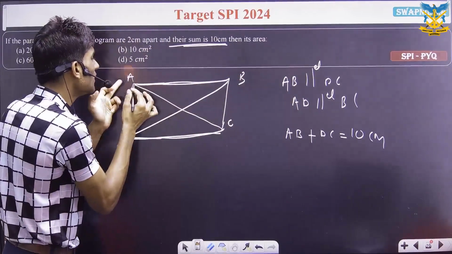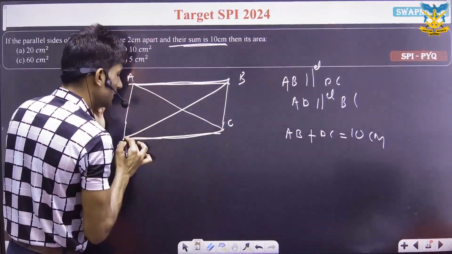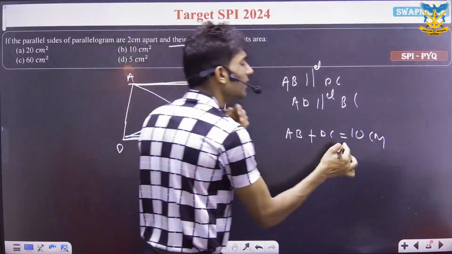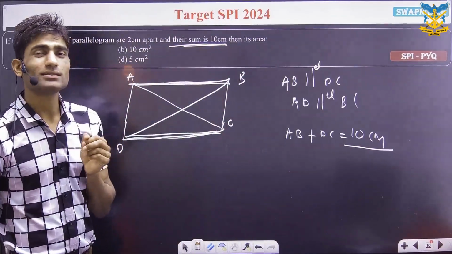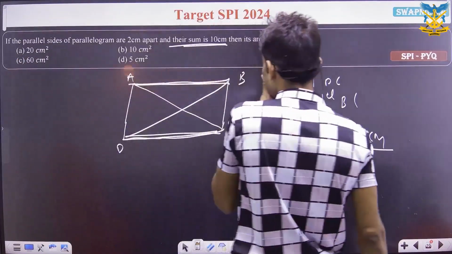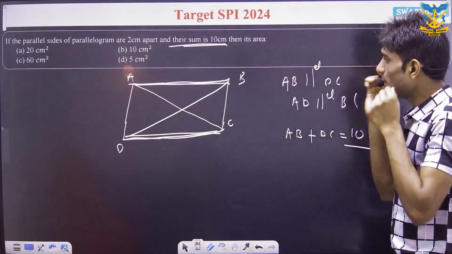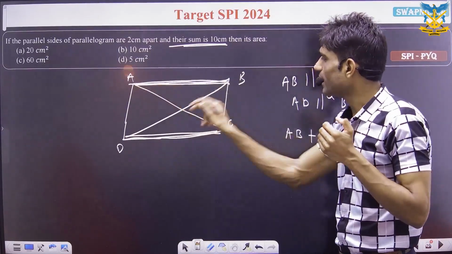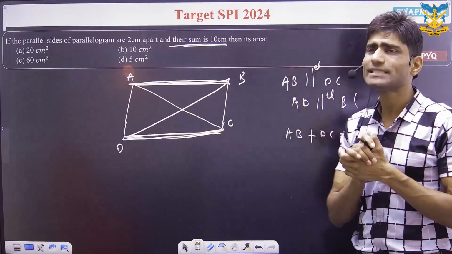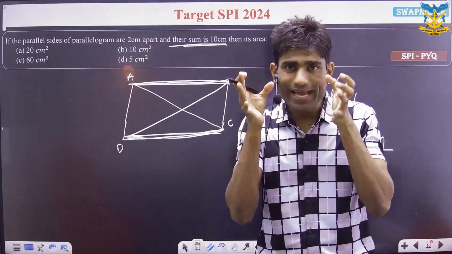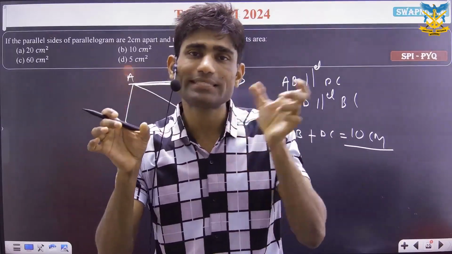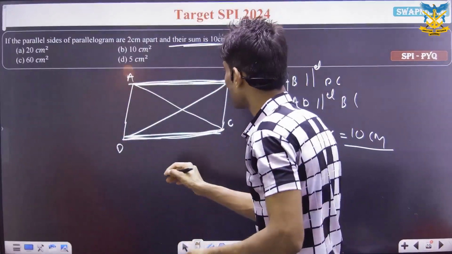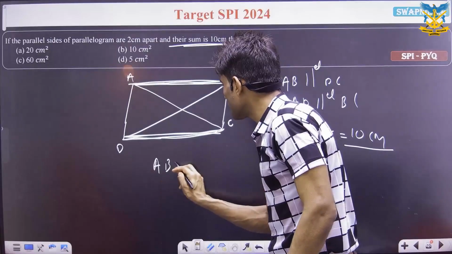That means this plus this is 10 centimeters, the addition of the parallel sides. Let's consider line segment AB equal to line segment DC, so we write AB equal to DC.